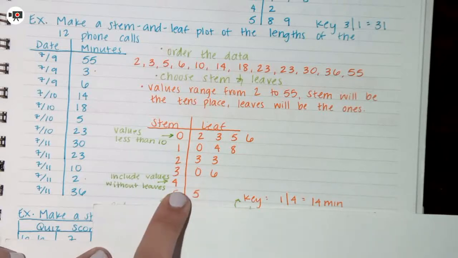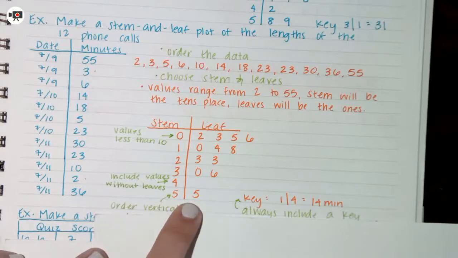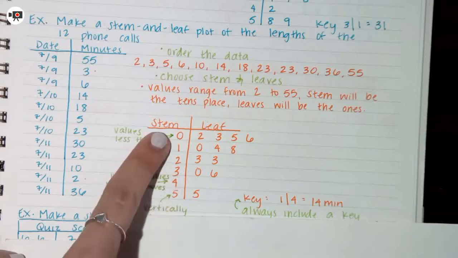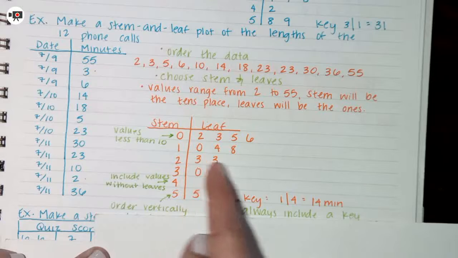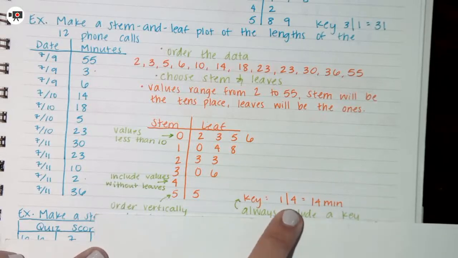There's nothing in the 40s, but we need to include this one to accurately show how the data is distributed. And then we have 55. We need to order these from least to greatest, smallest at the top, largest at the bottom, and the leaves are smallest on the inside and get larger as they go out. And then you always need to make a key, so you pick one example from here and show what it means.